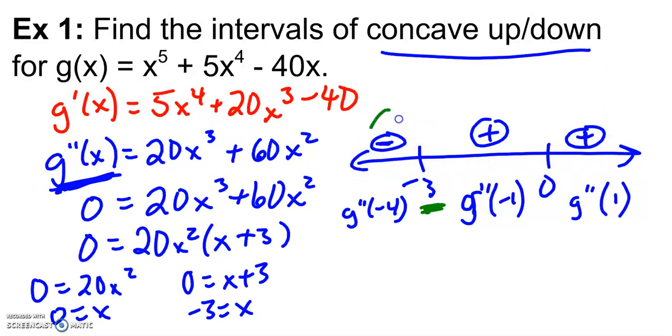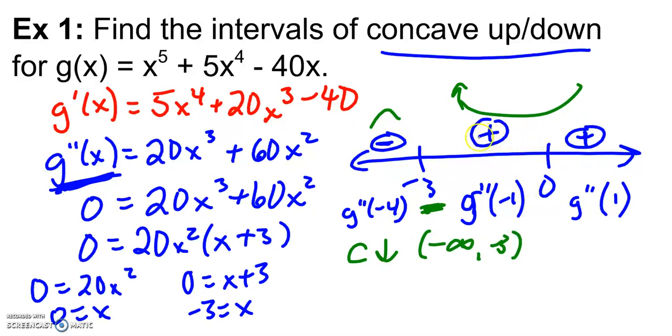So this would be going down, and then these would be going up. Okay, so just in general, our concave down, I'll just write C with a little down arrow, is going to be negative infinity to negative 3. And our concave up will be from negative 3 to positive infinity.